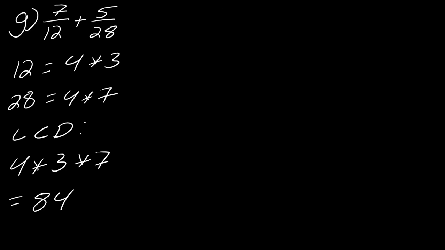Then what do I multiply 12 by to get to 84? I need to multiply it by 7. Again, remember, 12 is 4 times 3, my LCD is 4 times 3 times 7, so it's missing this 7 term. That's a little cheat sheet if you're not sure.